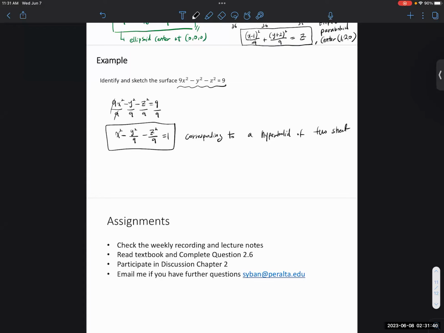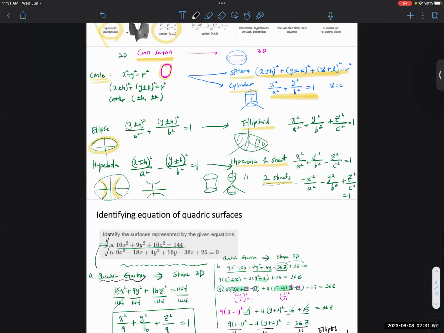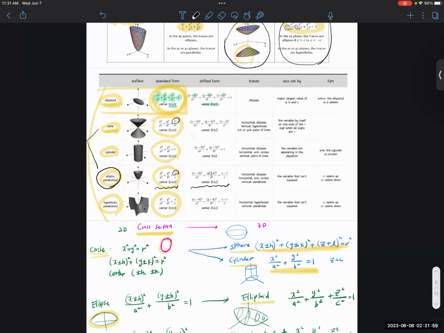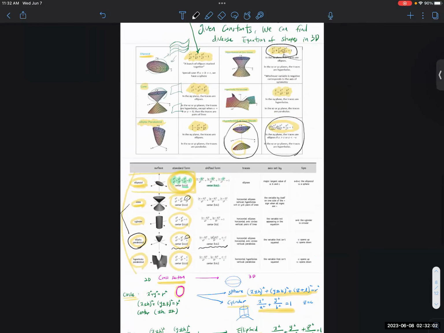Section 2.6 is pretty simple, but this is the basic concept. If you're planning to take any physics or other advanced math courses, you will be able to simulate it in the future. But here we are just learning the basic concept, all the possible equations that you can find from the quadratic equation, okay?